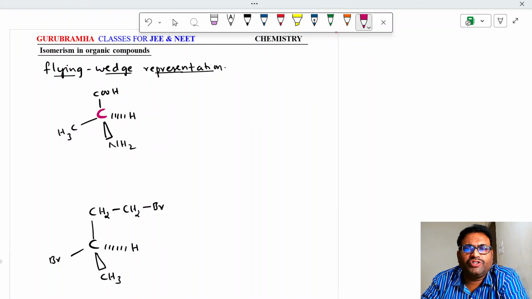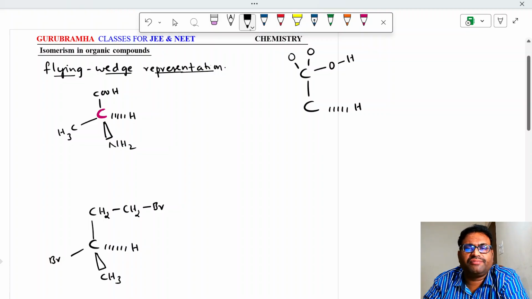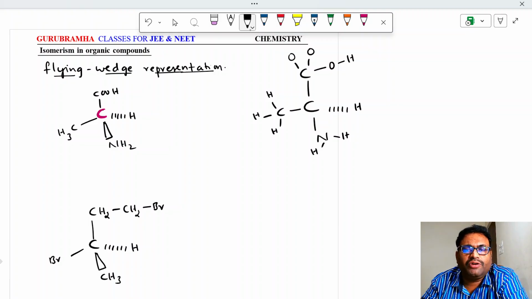So now let us see, C double bond O, OH, this is H, nitrogen, H, this is CH3. And I have written the detailed structural formula here. So here you are finding NH2 towards the observer, H away from the observer.